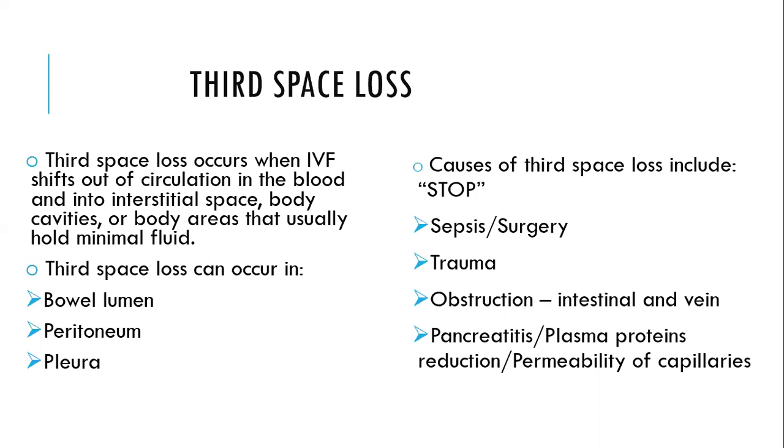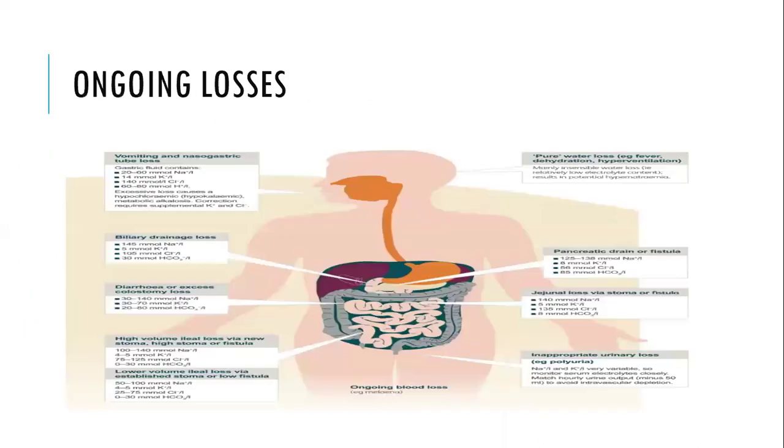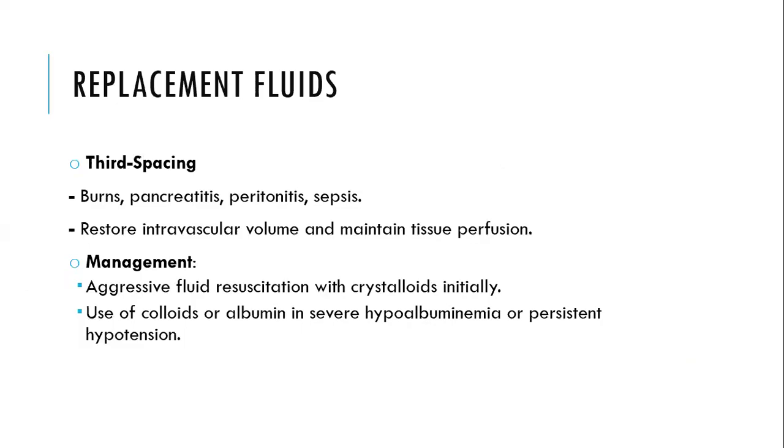Those are the common causes of third space loss. And what you need to do is be aggressive, because the patient may look edematous, may look fluid overloaded, but yet the effective intravascular fluid volume is low.